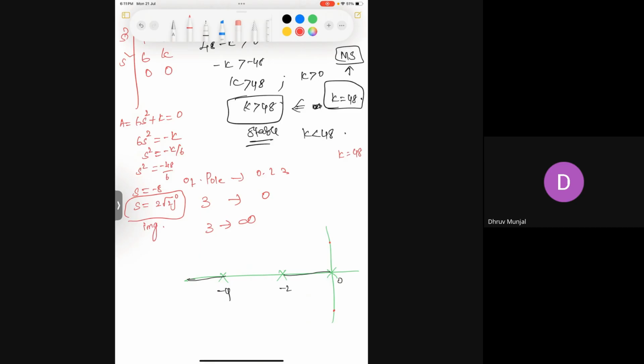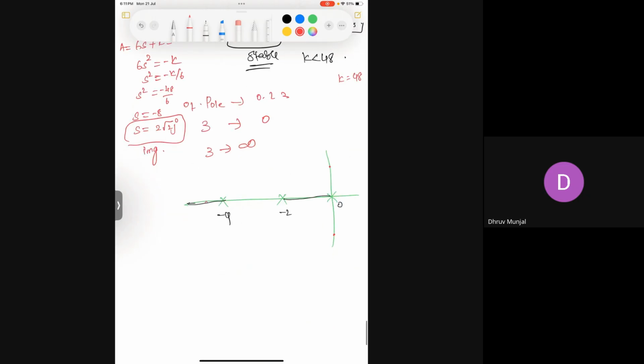Please add this to that. Now we know two breakaway points, and these will cross the imaginary axis at plus and minus 2 root 2 j. The angles of asymptotes we found are 60 degrees from s equal to minus 2, minus 60, and 180. These are the three asymptotes.